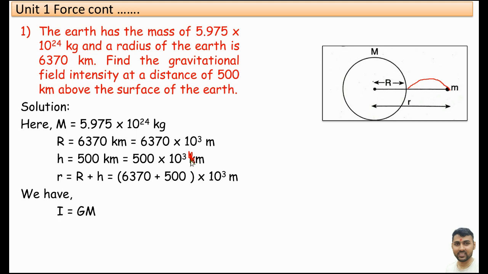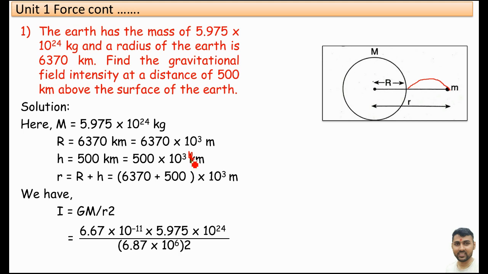Then we have the formula to calculate gravitational field intensity, that is I is equal to G M by r square. What is the value of capital G? 6.67 into 10 to the power minus 11, into the mass of Earth 5.975 into 10 to the power 24 kg, and r is equal to 6.87 into 10 to the power 6, whole square.